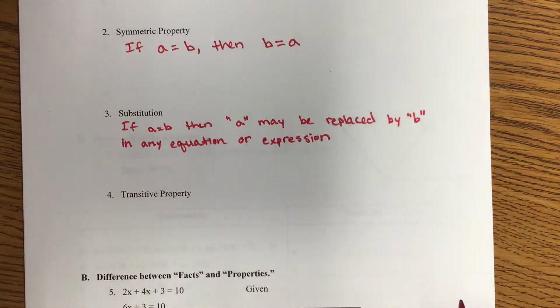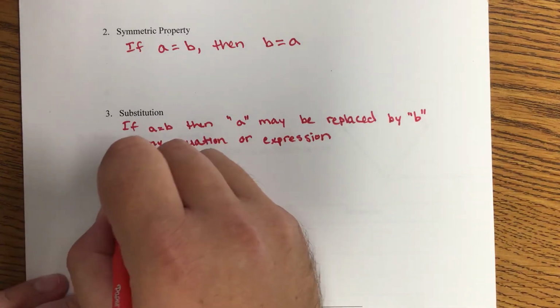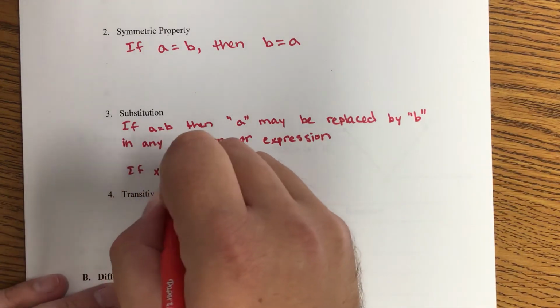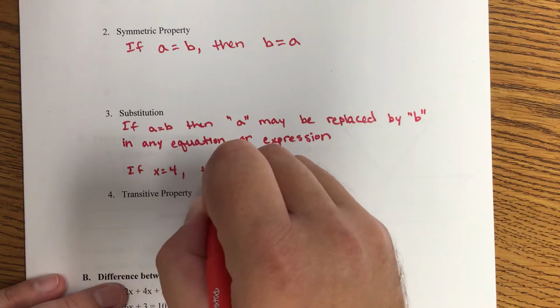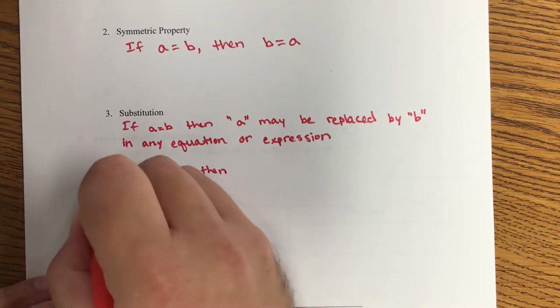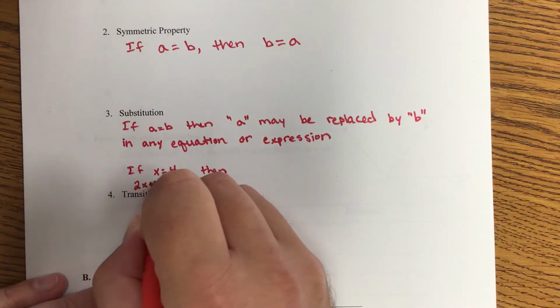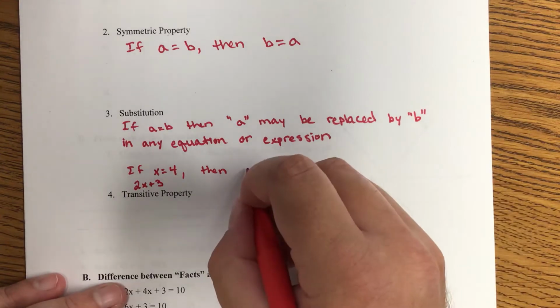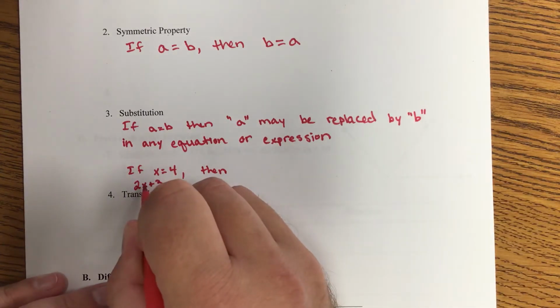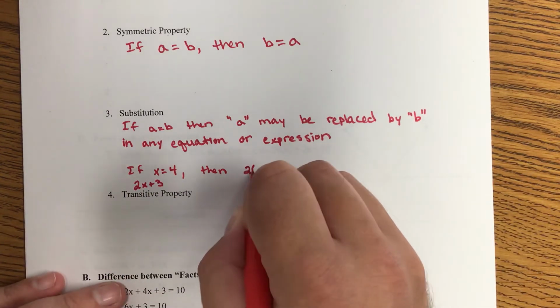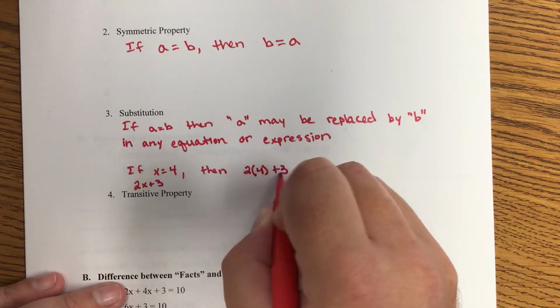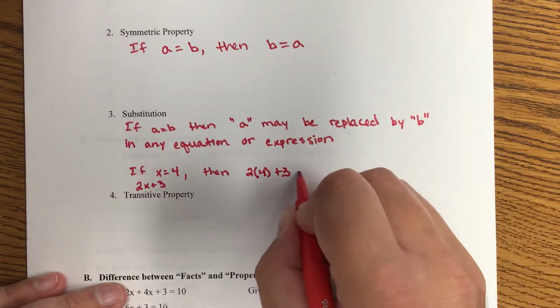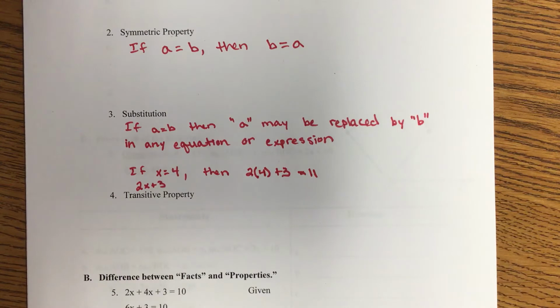So an example of that would be if x equals 4, and you have 2x plus 3, then you can replace this 4 for that x. So then 2 times 4 plus 3, which equals 11, okay? So that's what substitution is.